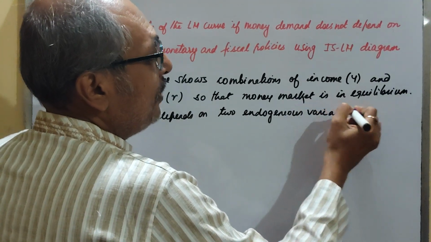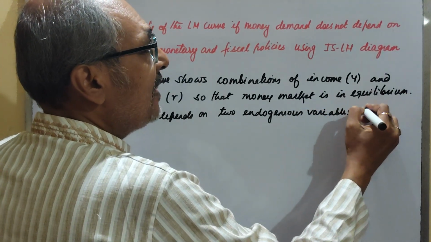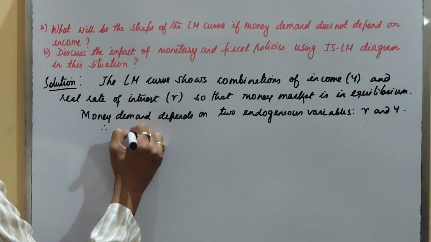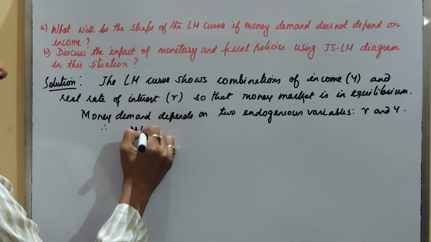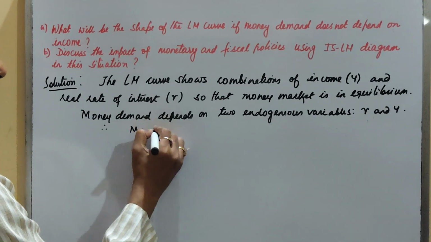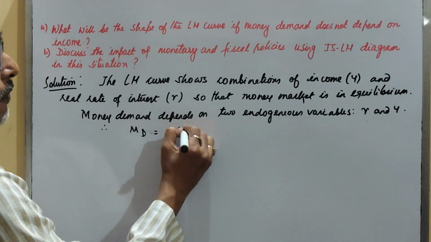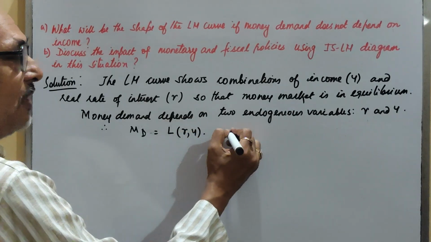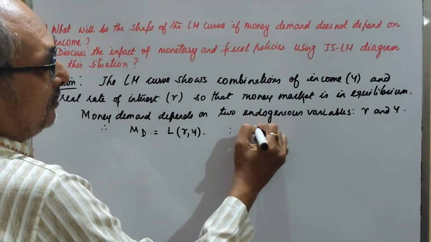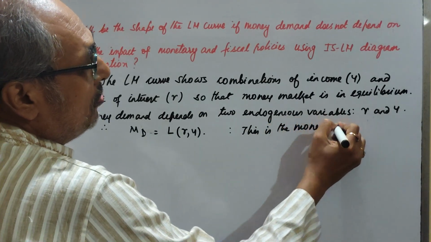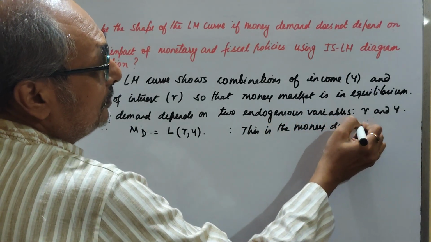What are these two endogenous variables? These are R and Y. Therefore, money demand MD equals L of R comma Y. L is the money demand function.